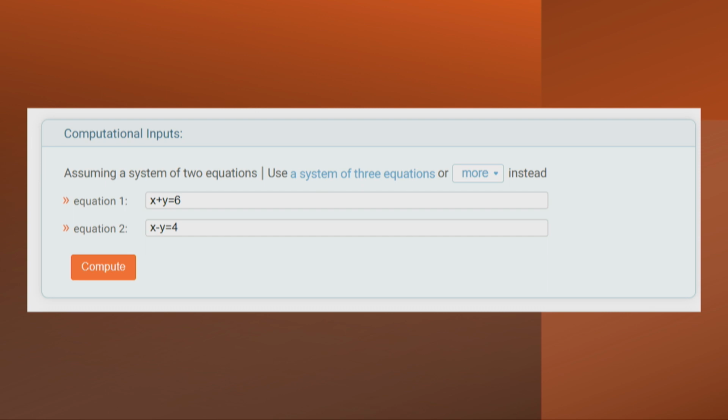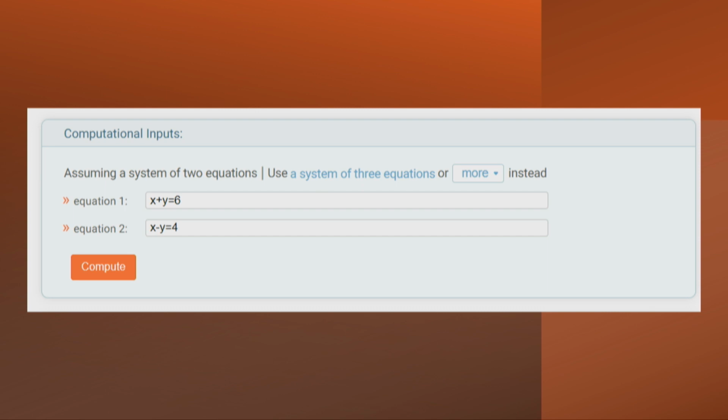I have included one snapshot so that you can understand how it works. So I formulate my own equations. The first equation is x plus y equal to 6. The second equation is x minus y equal to 4.